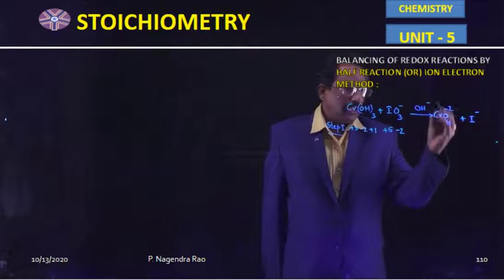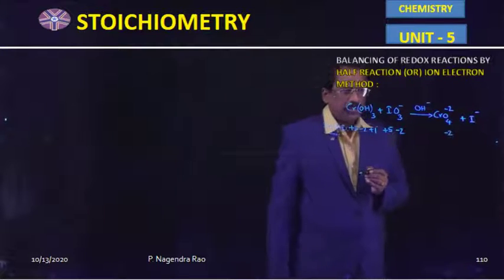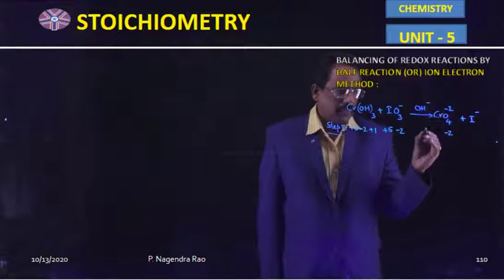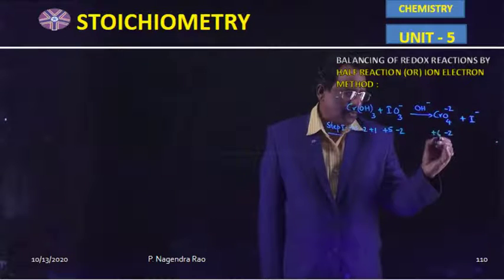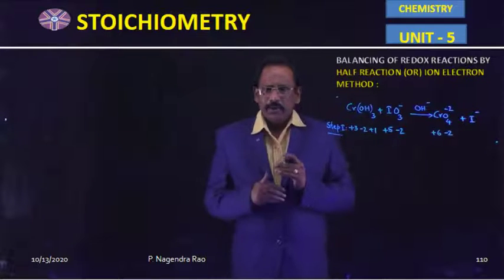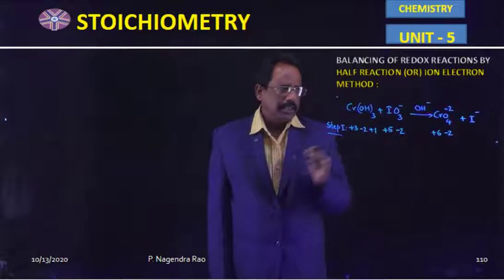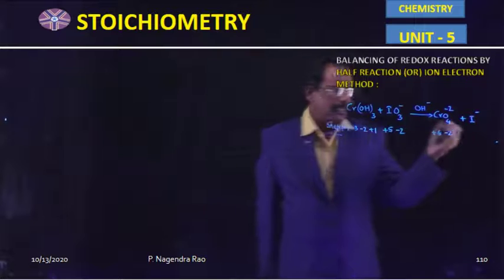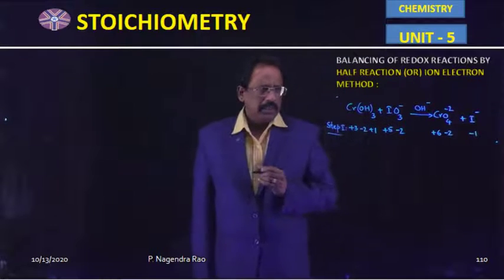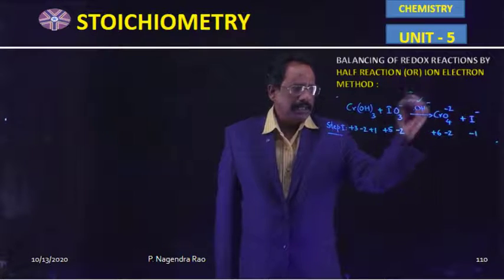And in CrO4²⁻, for oxygen it is -2. x minus 8 is equal to -2 and x is equal to +6. That means chromium oxidation state in chromate ion is +6. This is a simple radical, charge is -1. Here this chemical reaction takes place in alkaline medium.